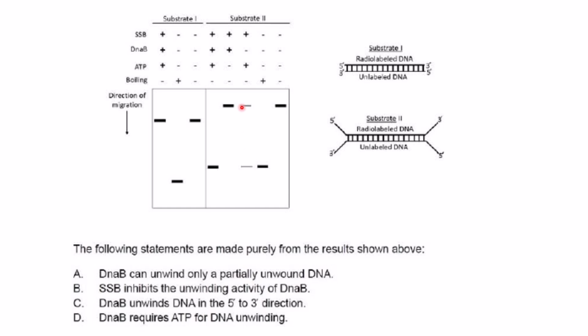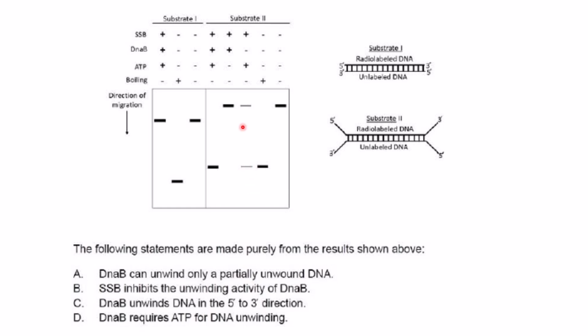This shows that even if you don't add DnaB, single stranded DNA binding protein is sufficient to cause unwinding of this partially unwound DNA. But all of the DNA is not getting unwound. Only a small percentage of it is getting unwound.